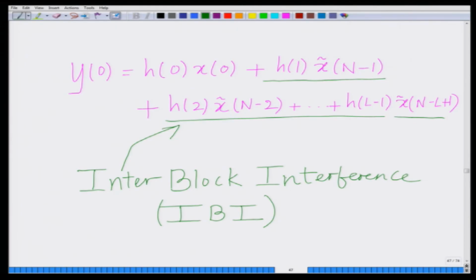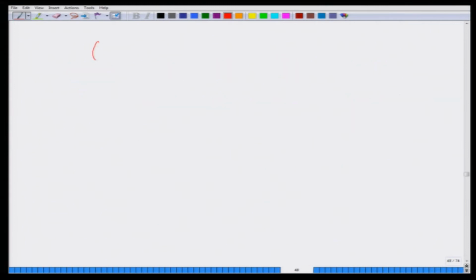So, we would like to devise a mechanism to avoid the interblock interference in OFDM, and for that purpose we are going to use the cyclic prefix. The cyclic prefix helps avoid the interblock interference in OFDM.